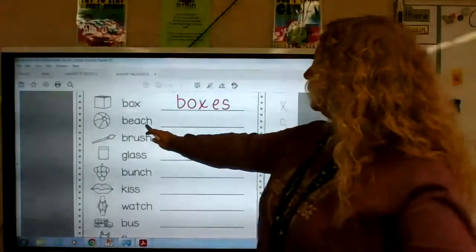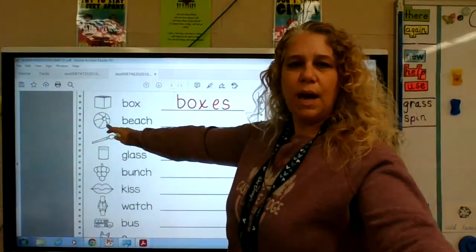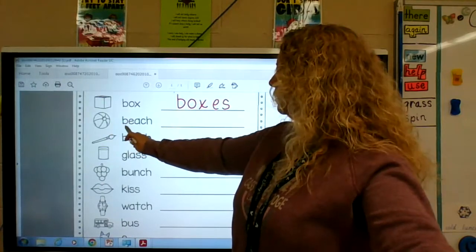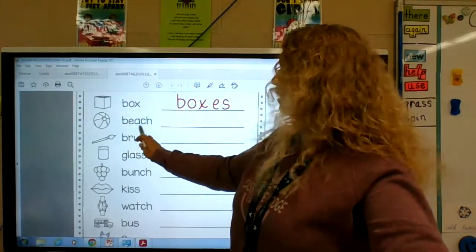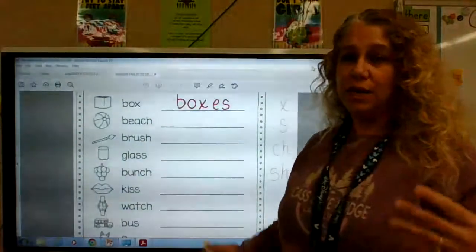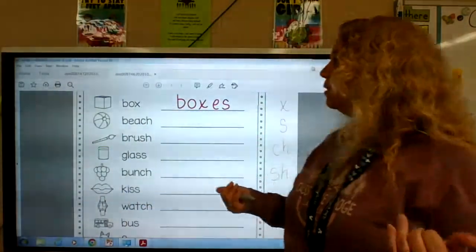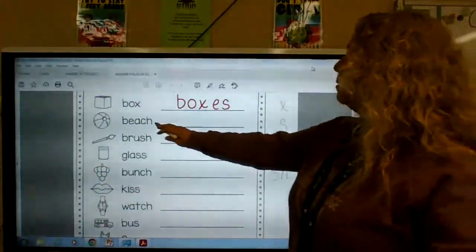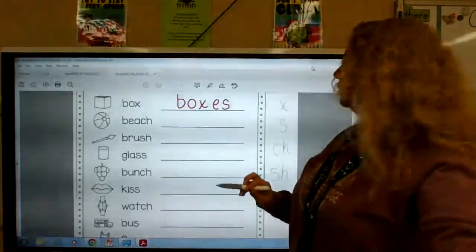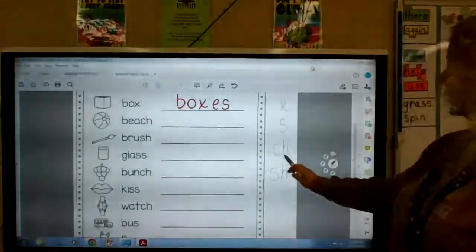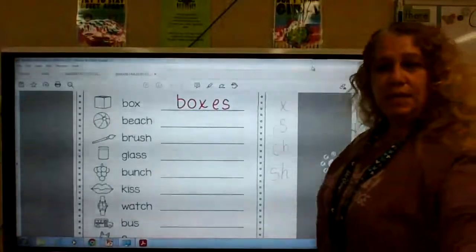Can you read that word? Use that to help you. What kind of a ball is that? Beach, right? The EA says E in that one. We learned that it can say this week too, or last week. So beach, that ends with the CH, so we need an ES.